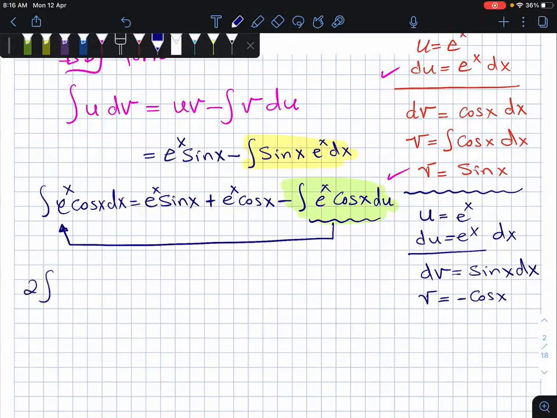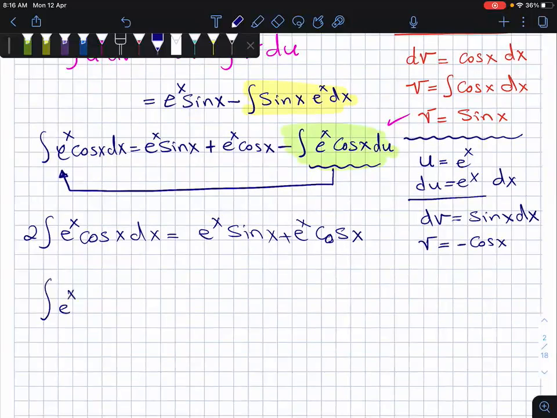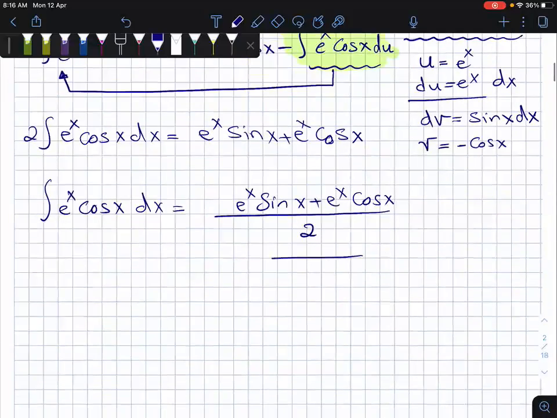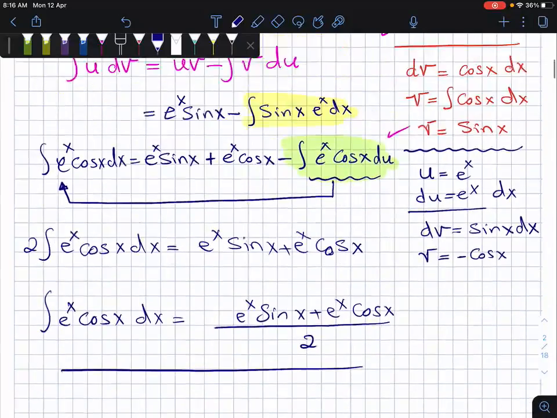So the integral of e to the power of x cosine x dx is equal to e to the power of x sine x plus e to the power of x cosine x. Finally, the integral of e to the power of x cosine x dx equals e to the power of x sine x plus e to the power of x cosine x, all over 2.